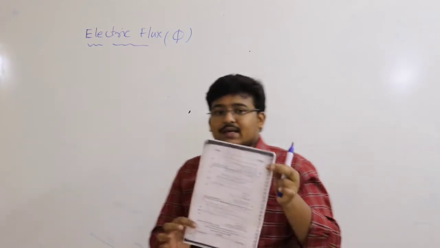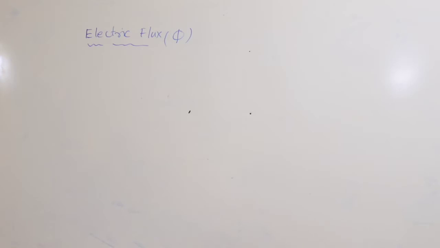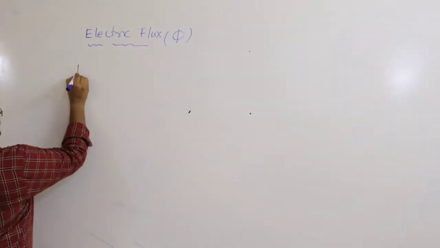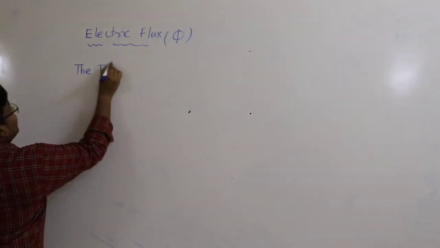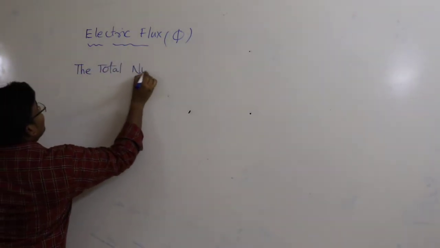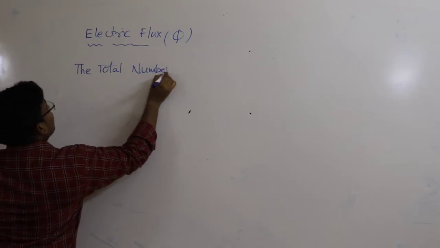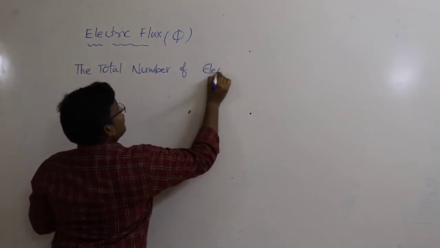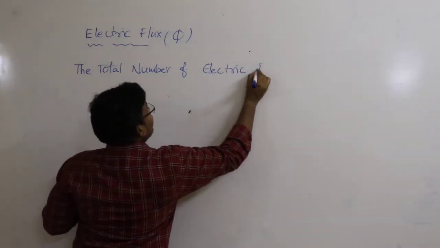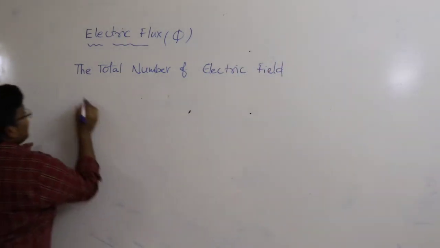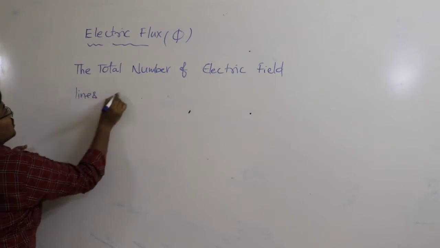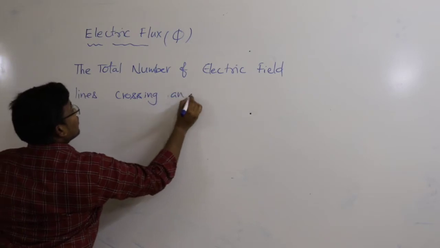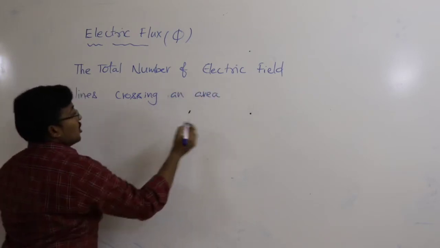Okay? So according to the definition, electric flux is nothing but the total number of electric field lines crossing an area normally.